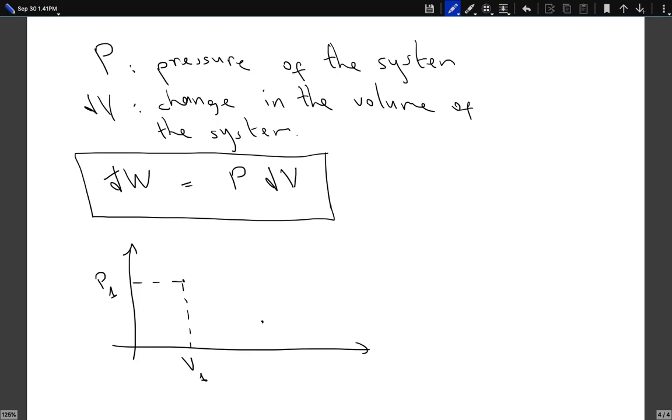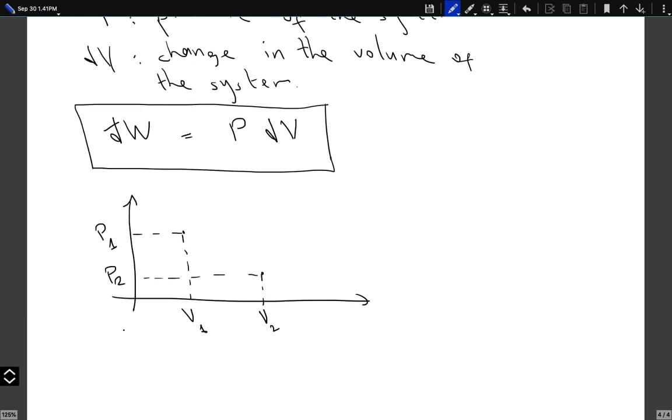And then after all the changes, the system has a volume V2 and a pressure P2. What is the work done? Well, this much information will not be enough to calculate the work done.